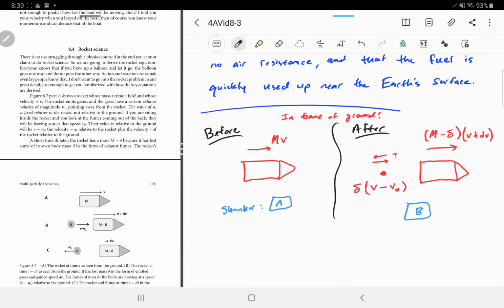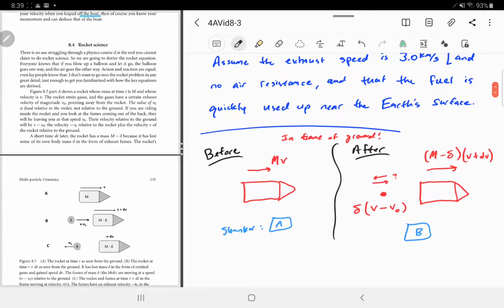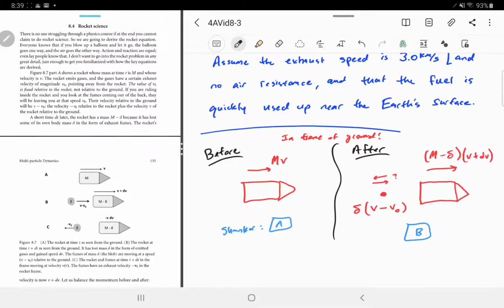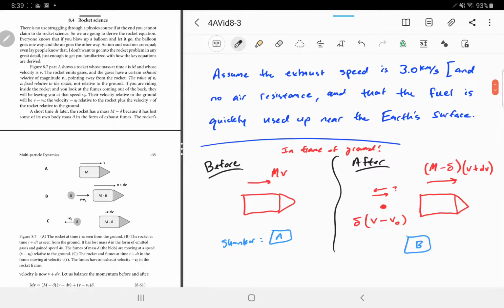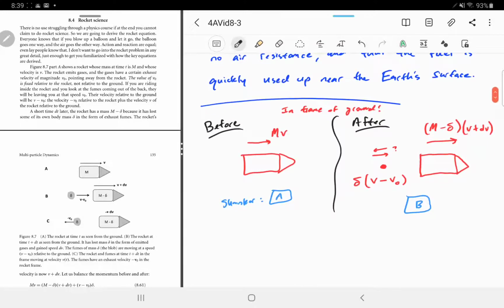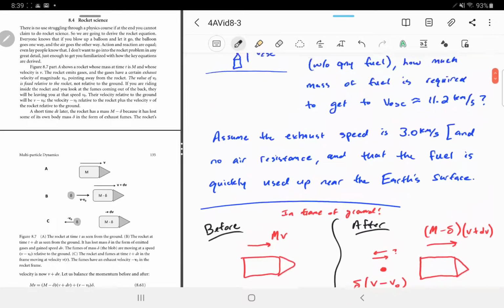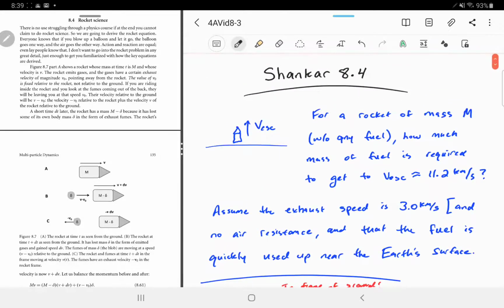Remember we introduced the word impulse, and your book doesn't talk about this, it just ignores what's going on there, but we can understand this in a little more detail. The impulse that the gravitational force imparts upon the rocket is negligible as long as you do this exhaust stuff quickly. So this is why, under the list of assumptions, we're assuming that the fuel is quickly used up near the Earth's surface, this final assumption.